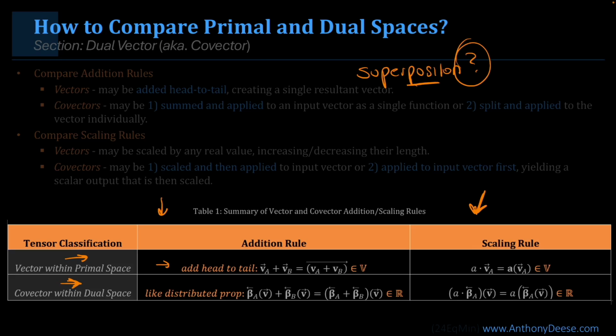So we see that the vectors add head to tail, and the vectors also scale normally. Now, you can see that the covectors do not adhere to the same addition and scaling rules, and this makes sense because the primal vector is a value, and the covector is more like a function.